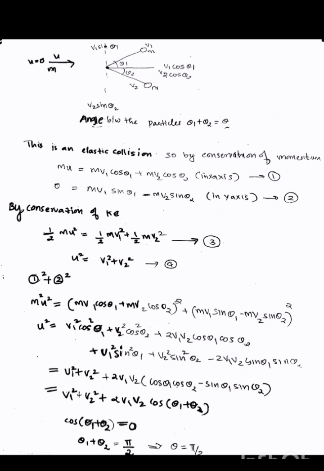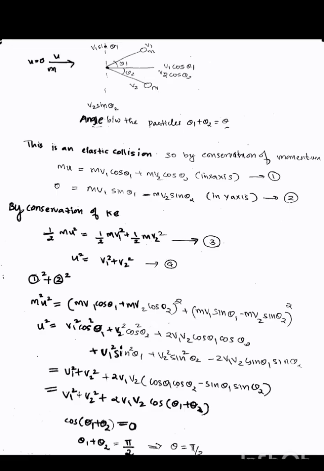Taking the components of v1 and v2, we can write v1 as v1 cos theta 1 and v1 sin theta 1, v2 as v2 cos theta 2 and v2 sin theta 2. So here the angle between the particles, theta 1 plus theta 2, is equal to theta.